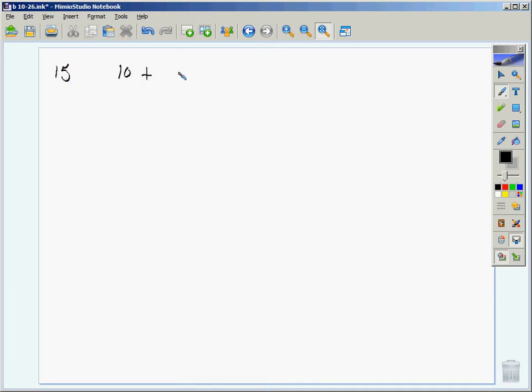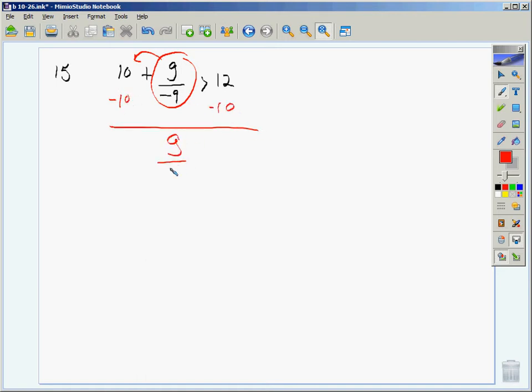10 plus g divided by negative 9 is greater than 12. Getting this by itself, I've got to get rid of this 10. I subtract it. I have g divided by negative 9 is greater than 2.